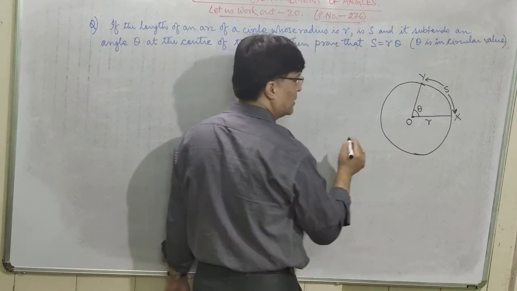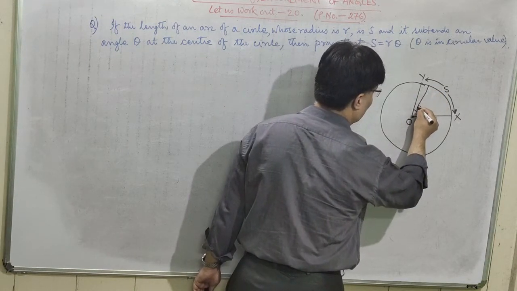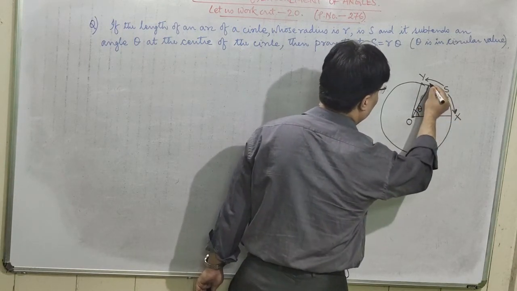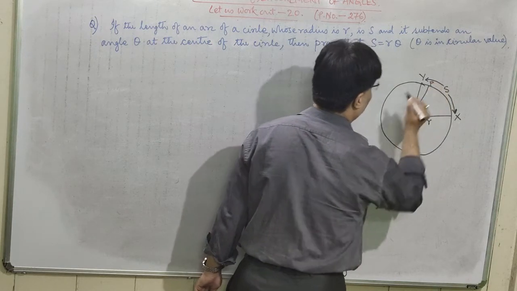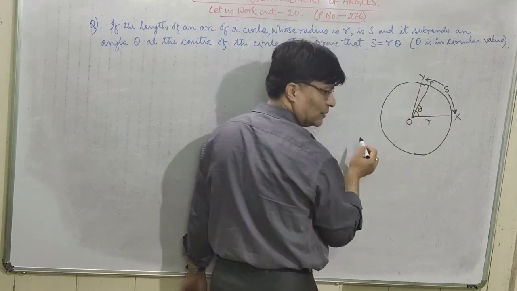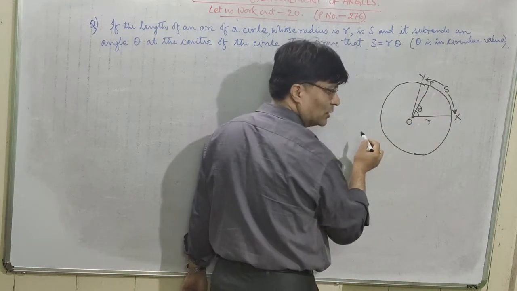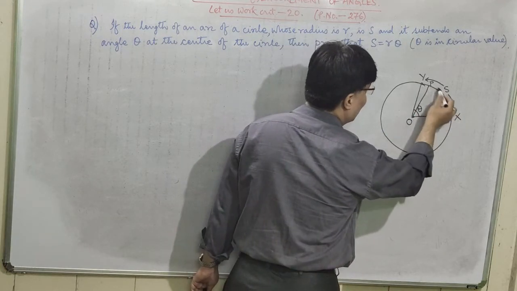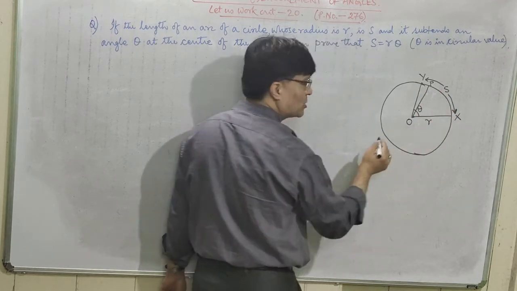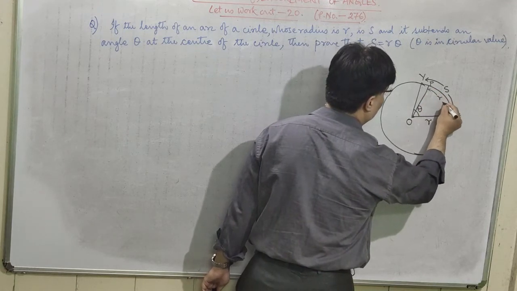Now let us take here an arc XP, whose length is equal to the radius of the circle. Suppose this length of XP is r.